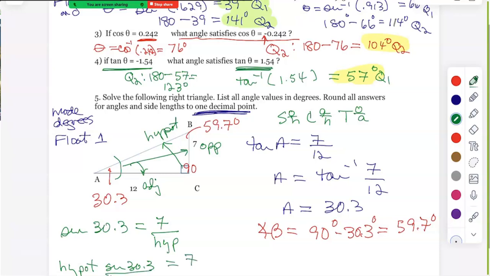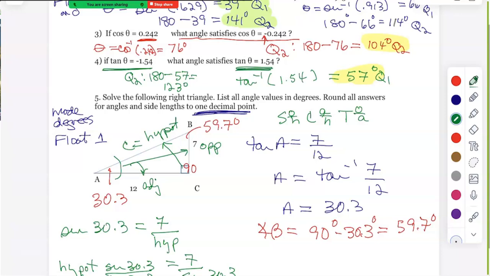I wanted to isolate the hypotenuse, so I'm dividing by the sine of 30.3. And when I put that in my calculator, I got that I'm going to call this side C, which is the hypotenuse, and that is going to be, rounded to the nearest tenth, 13.9.